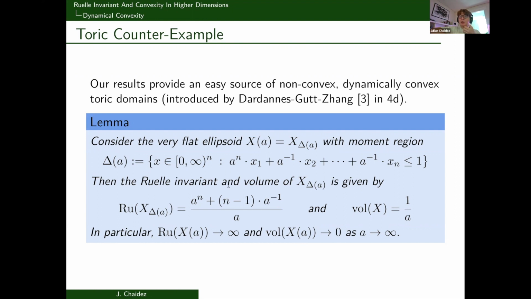By the calculation of the ellipsoid Ruelle invariant from earlier, the Ruelle invariant is given by this formula, and the volume can also be computed as 1 over A. In particular, you can see easily from these formulas that the Ruelle invariant of this ellipsoid diverges, but the volume converges to 0. Of course, this is not going to be our counterexample because ellipsoids are convex, but it is the starting point for our counterexample.